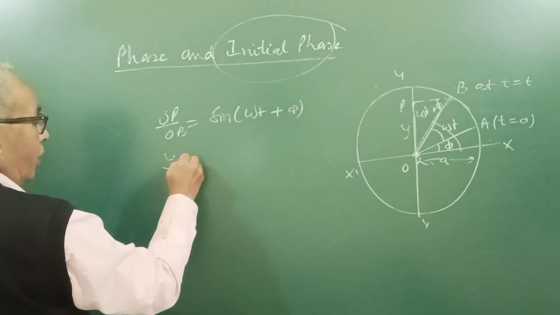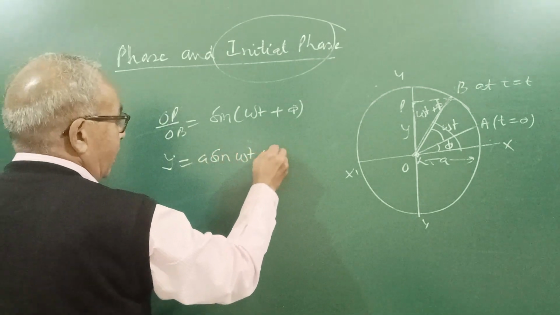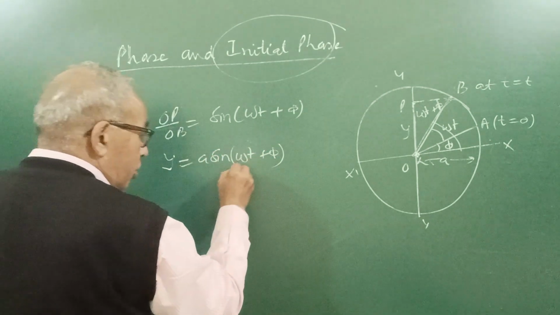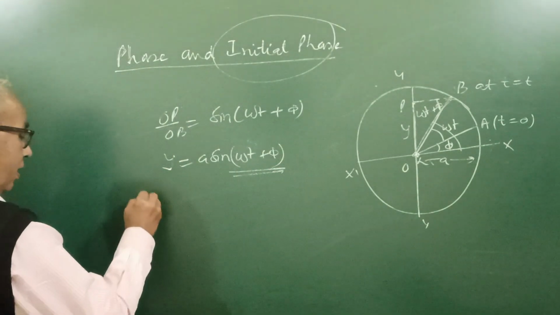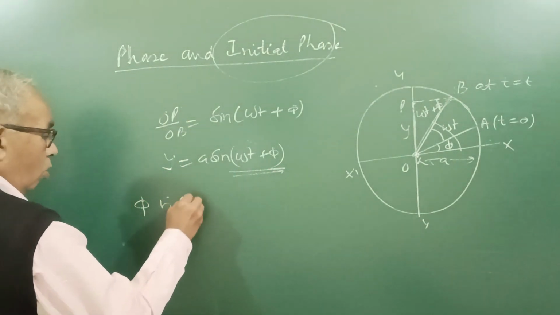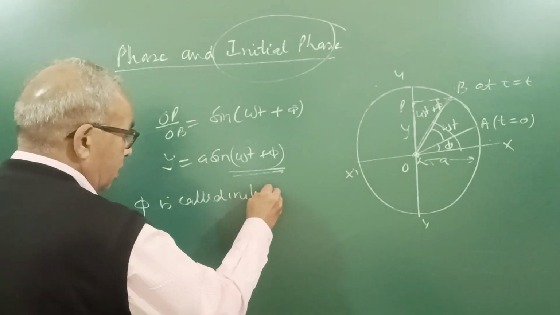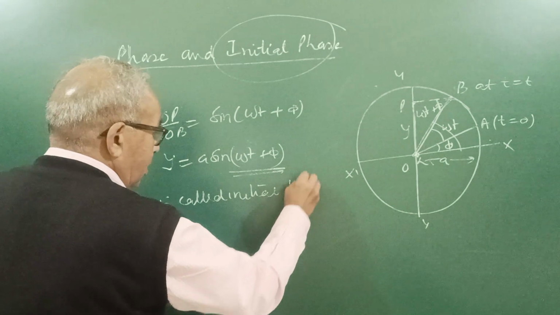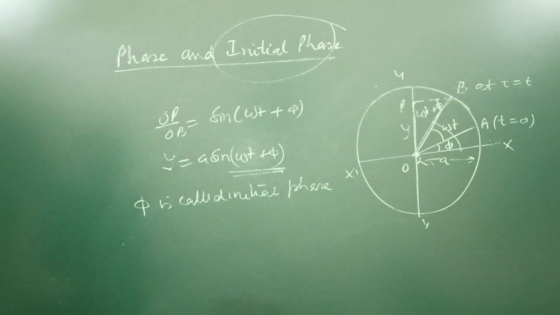So we got y equal to A sine omega t plus phi. Again this whole thing is the phase, but here phi is called the initial phase. Phi is called the initial phase.